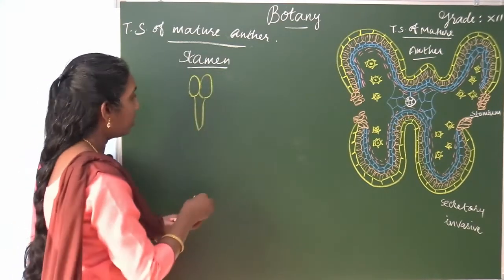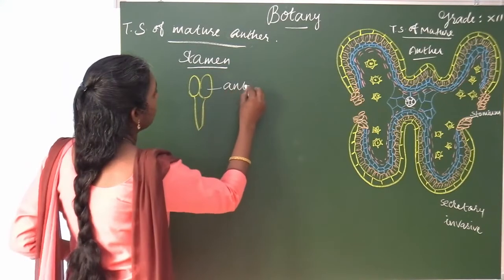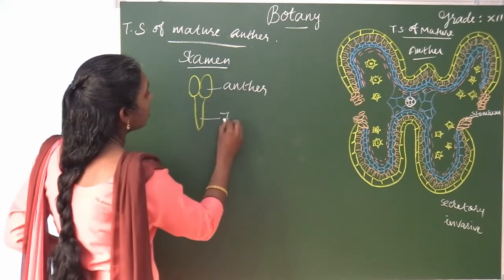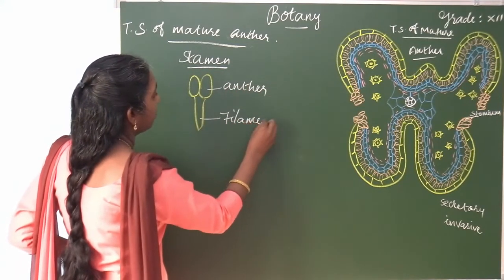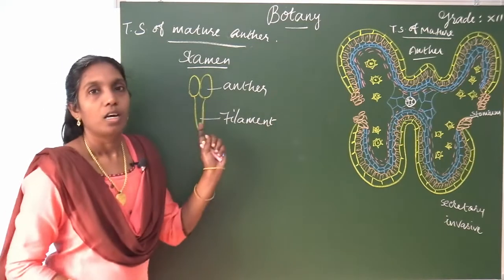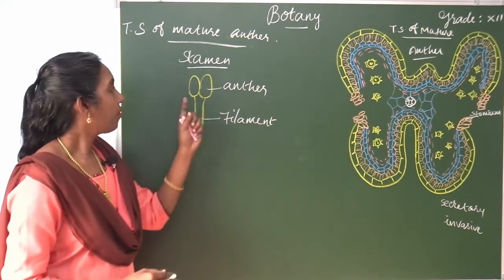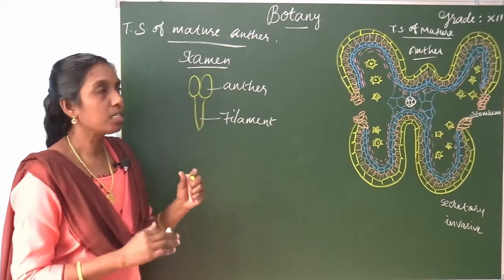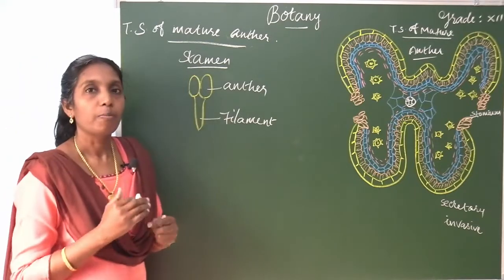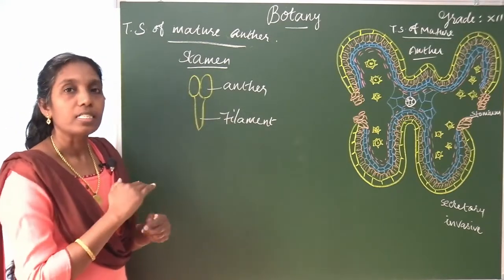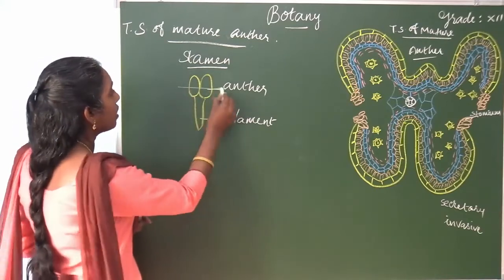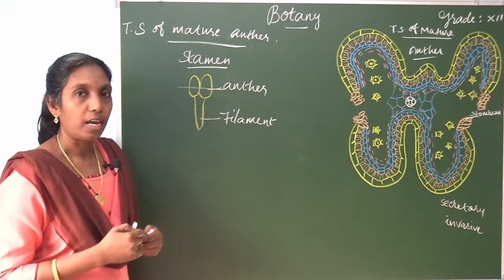This is the anther and this is the filament. Now this stamen consists of anther and filament. The question is TS of mature anther, the transverse section of mature anther.